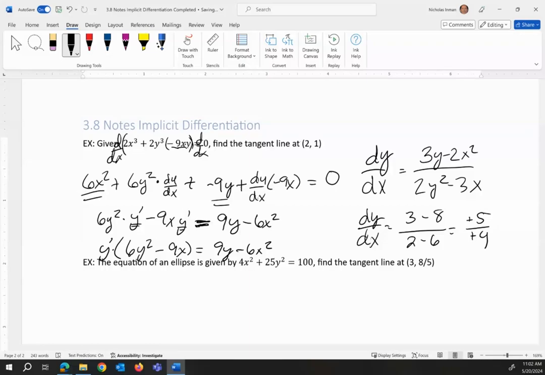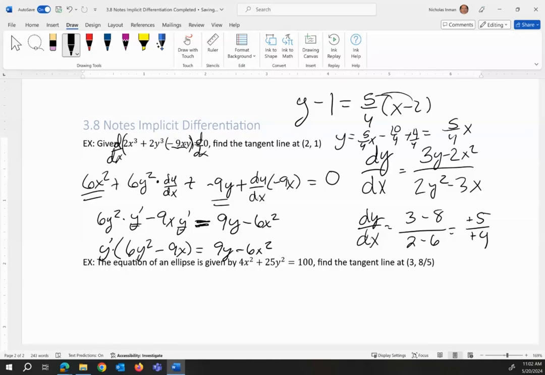And then our tangent line, y minus our y value, equals our slope, times x minus our x value. Distribute and move that 1. So we have 5/4 x. 1 is 4 fourths.